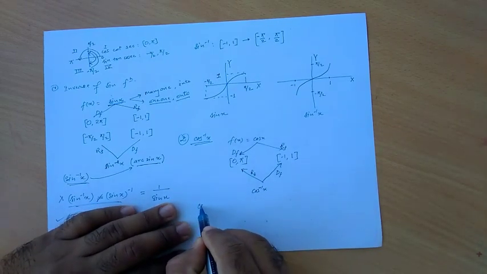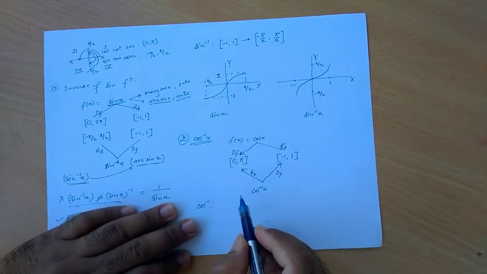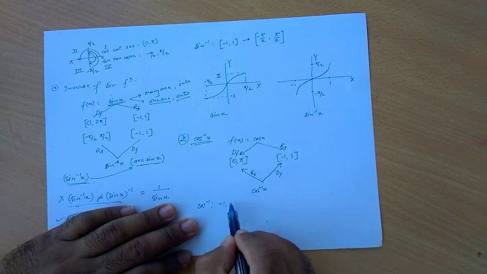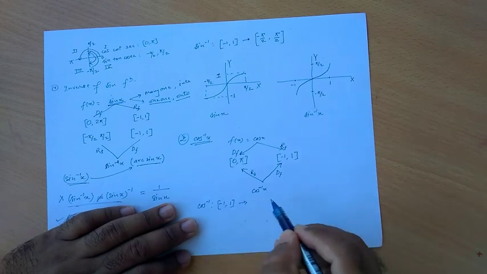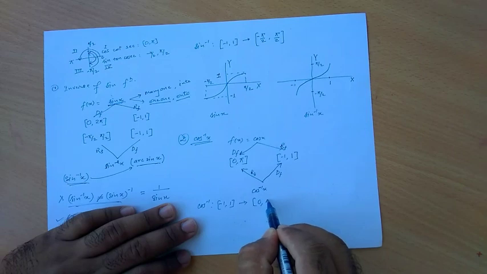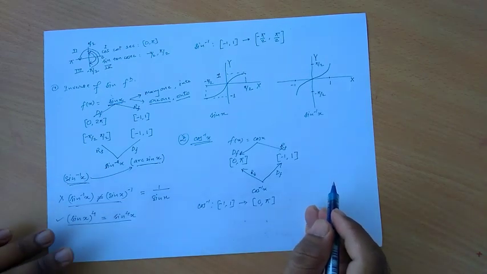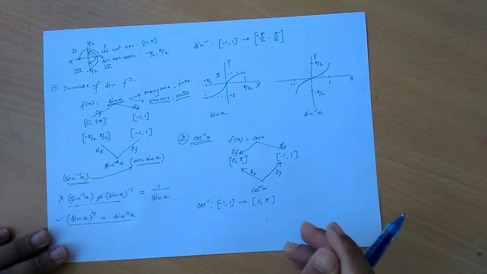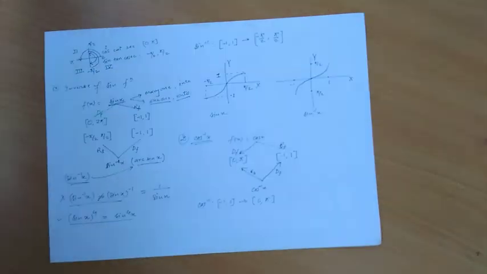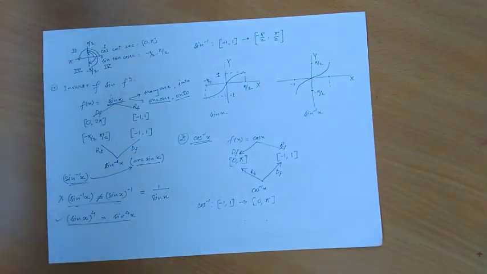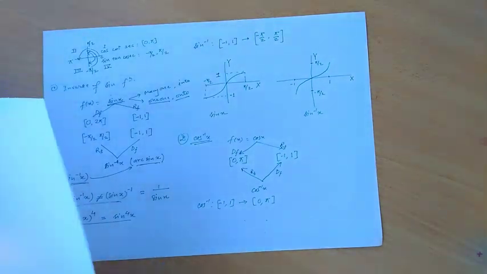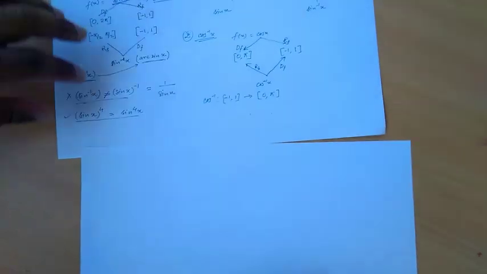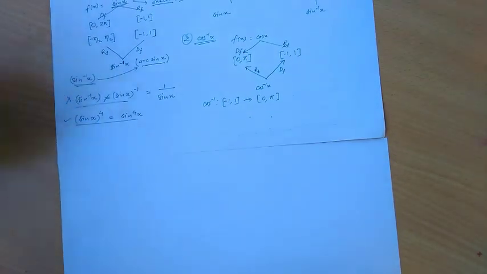Or better I write, cos inverse is a function from the closed interval -1 to 1 to the closed interval 0 to pi. We will see the graph of this cos inverse.